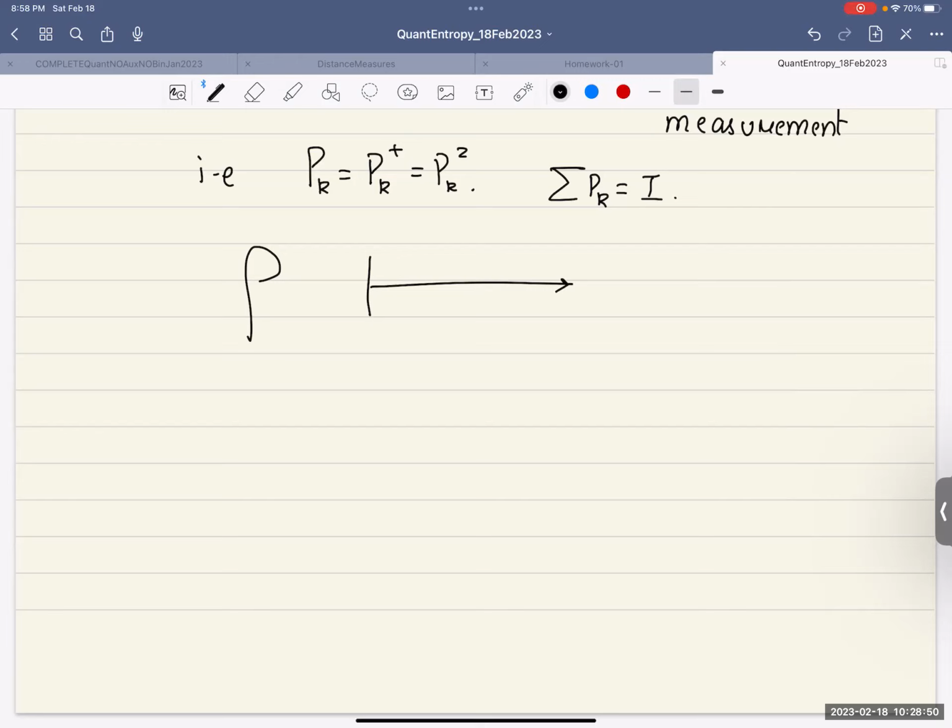Summation of P_k rho P_k dagger, trace of, no, the trace cancels it. See, when you make any measurement, right? So suppose you have M_k. So let's just take.